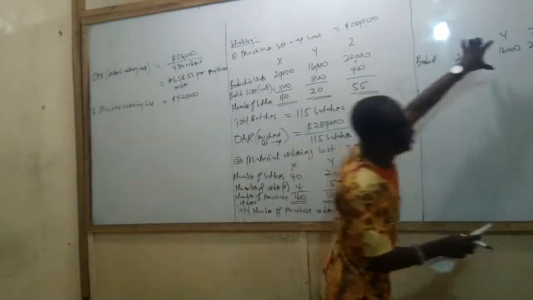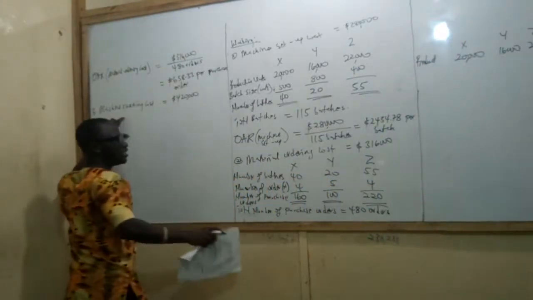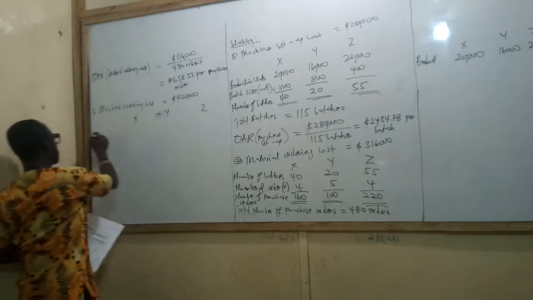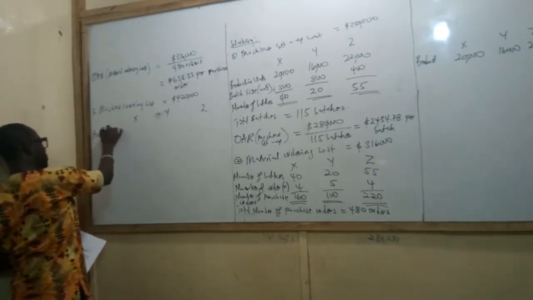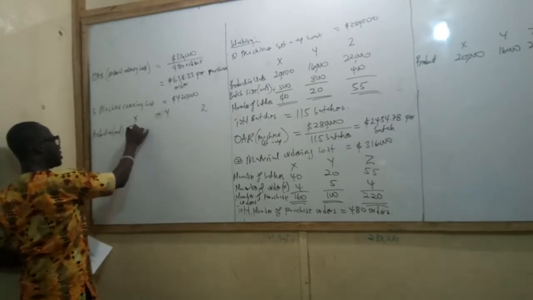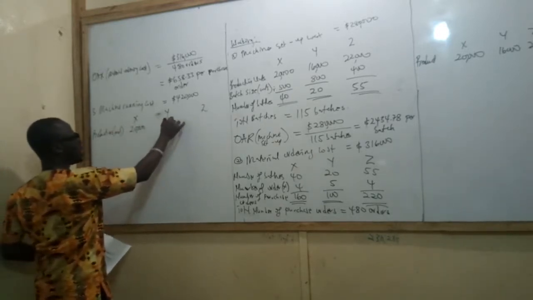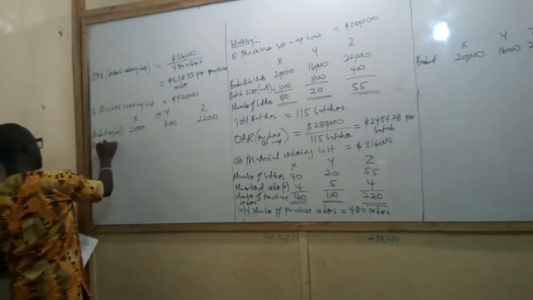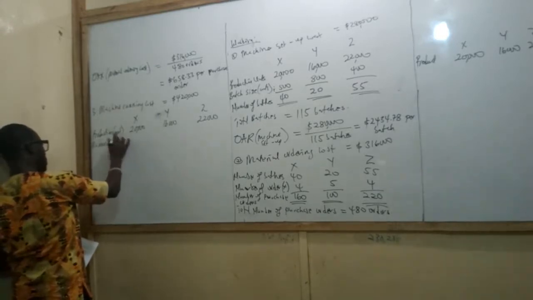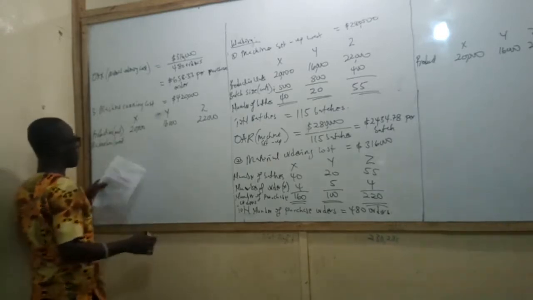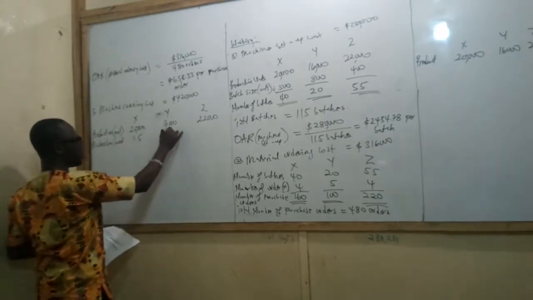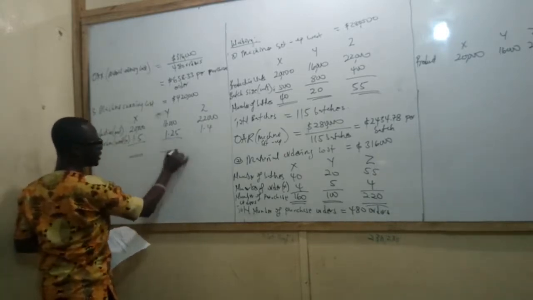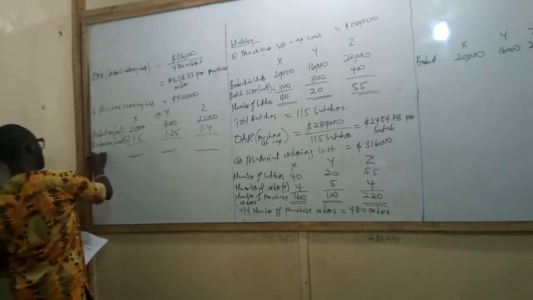So you need to bring the total units, then you can get the total machine hours. So production: 20,000, 16,000, and 22,000. Then we bring the machine hours per unit, and that is respectively 1.5, 1.25, 1.4.